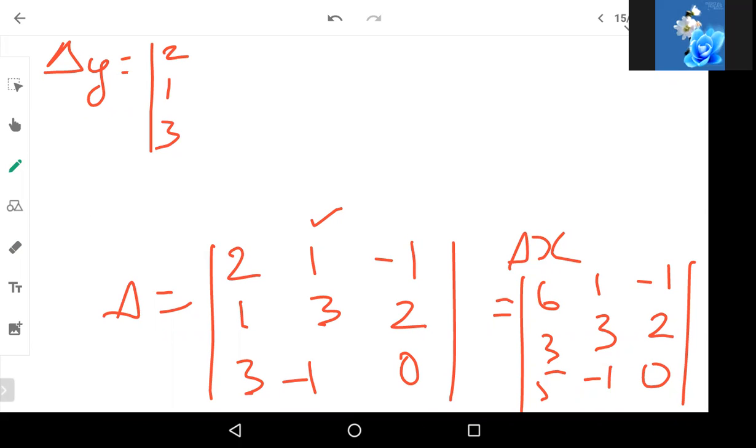Now second column, we will change to the constant, that is 6, 3, 5. And then the third column will remain as it is, that is minus 1, 2, 0. Now understood? Any confusions now?